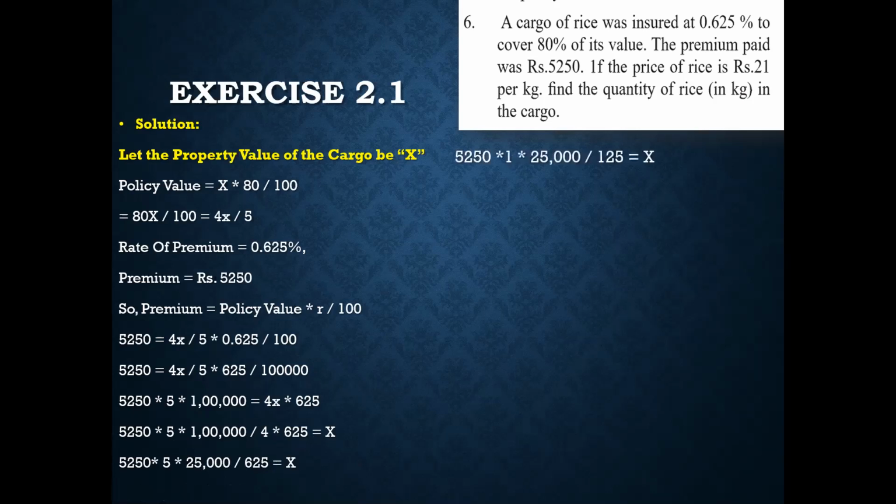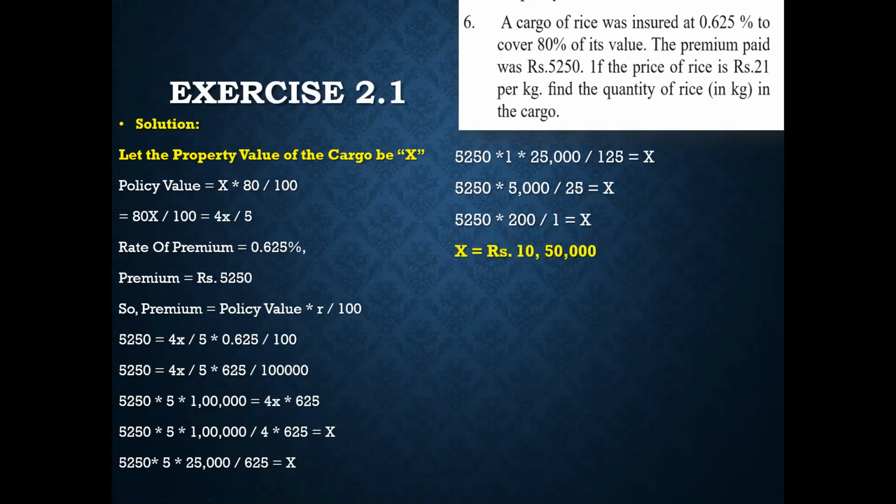After that I've cancelled basically 5 ones are 5, 125s are, that is 5 and 625. Then 25,000 and 125 again by 5, which gives you 5,000 upon 25. Then again by 5, 200 divided by 1, that is by 25. So I'm left with 5250 into 200 divided by 1, which is equal to X.